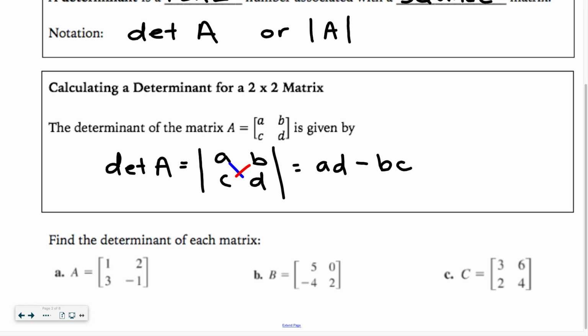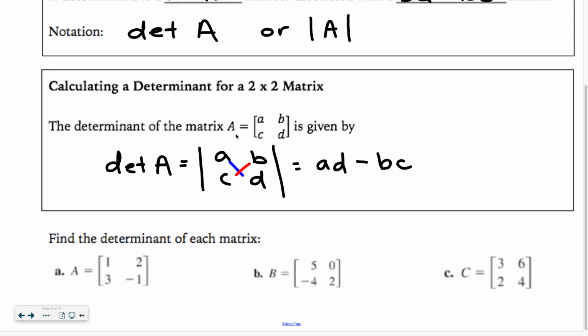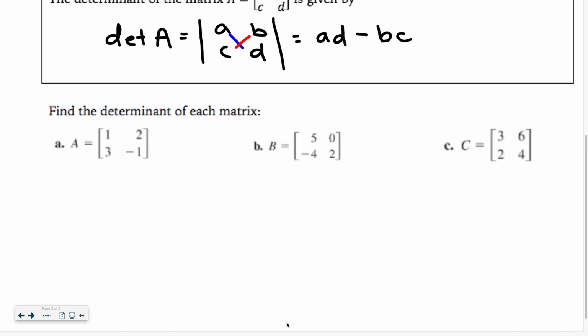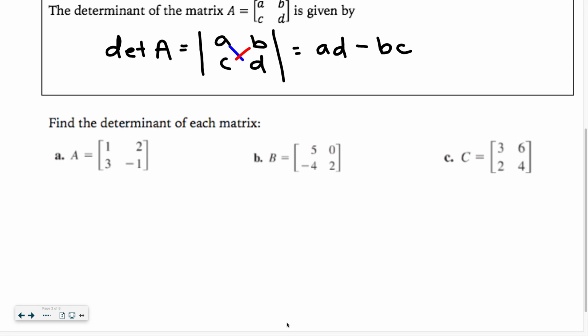Can you find the determinants of the matrices below with your groups and double check your answers? So it's just a simple calculation. Your answer is a number. No calculators.